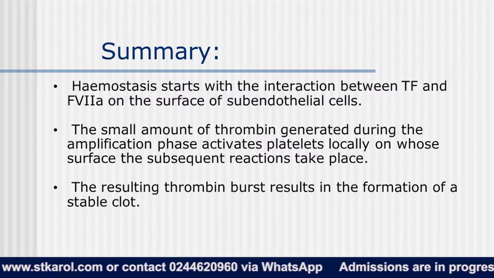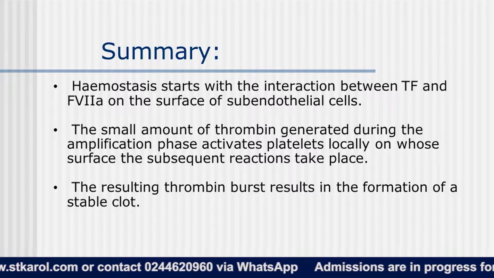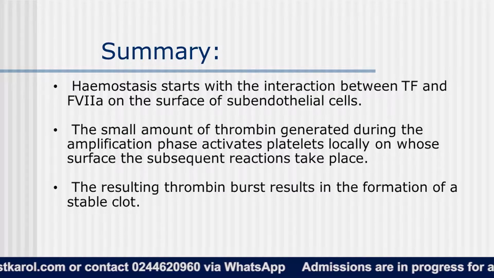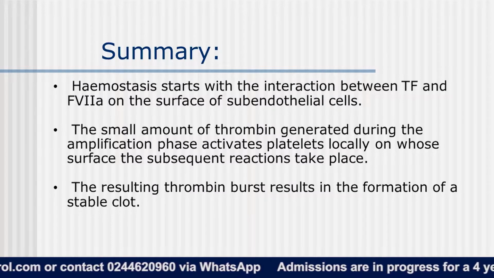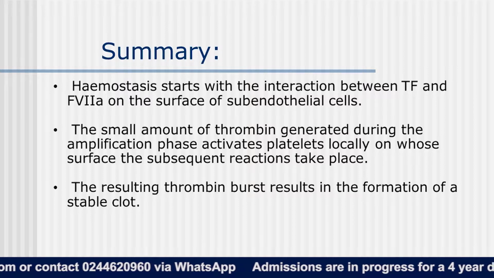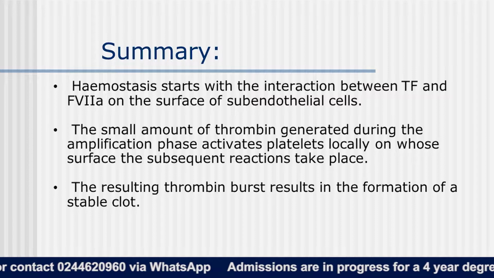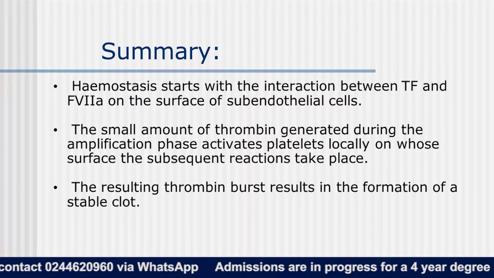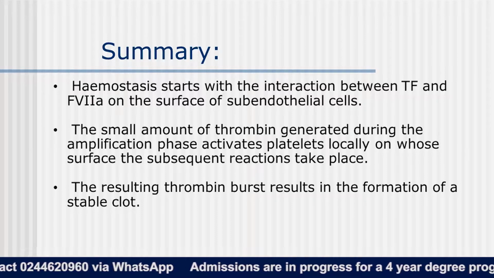The small amount of thrombin generated during the amplification phase activates platelets locally, on whose surface the subsequent reactions take place. The resulting thrombin burst results in the formation of a stable clot.